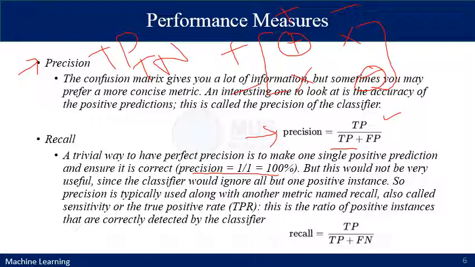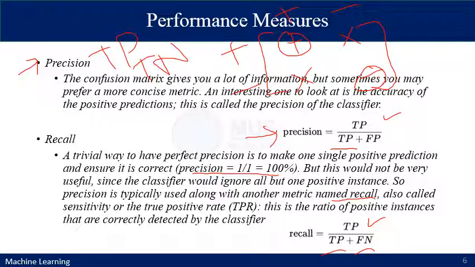So precision is typically used along with another metric named recall, also called the sensitivity or the true positive rate. This is the ratio of positive instances that are correctly detected by the classifier. So it is the ratio of the true positive over true positive plus false negatives.